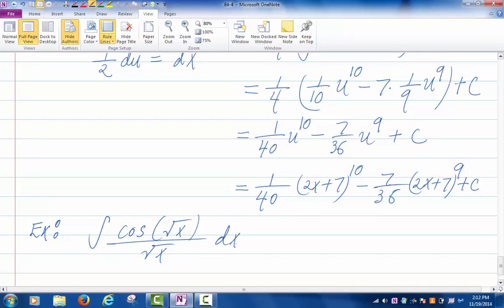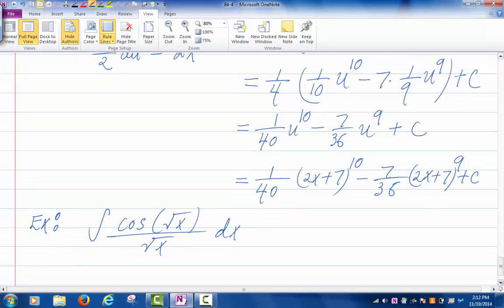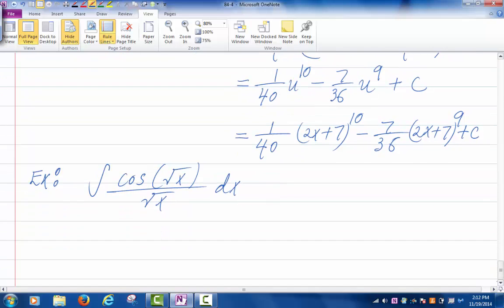And so what should I do here? What would be your pick for u? Root of x, yeah. So instead of having cosine of root of x, you want to take u to be root x.